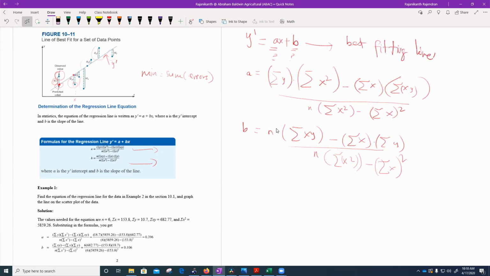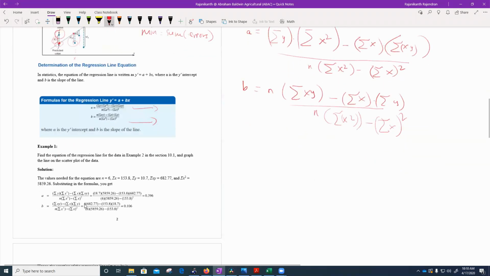Okay, so now look at this example. Which example are they taking? Do you remember this problem we did last time? Yes, sir, from the last section. Yes. So if I remember correctly, we had six car making companies.